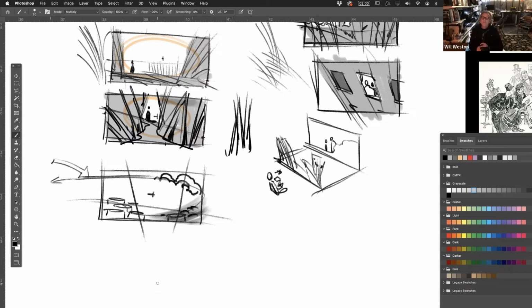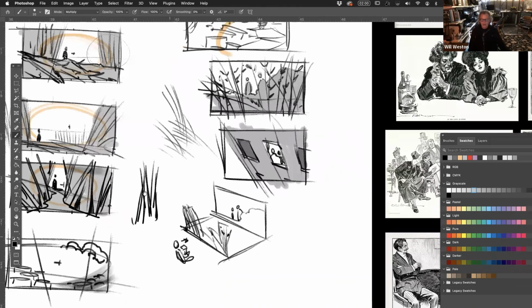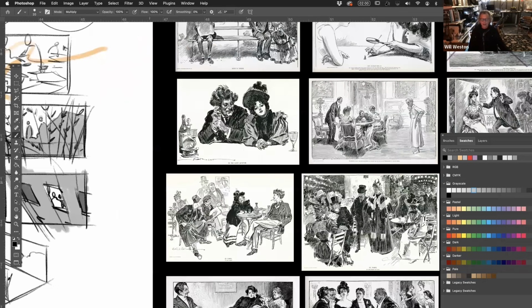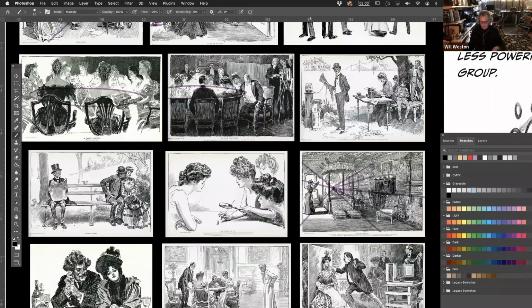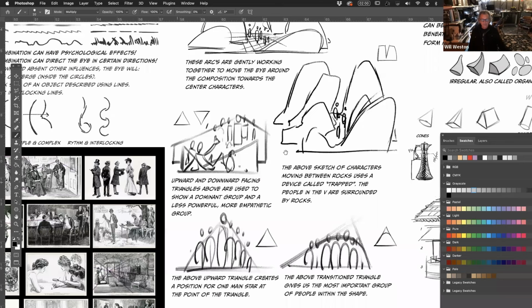Okay. And if we go over here, past these, I've sort of drawn on about a third of them. No, I actually have just drawn on a minority of them. And if we come over here, you're going to get a little bit more on ground planes and arcs and curves.